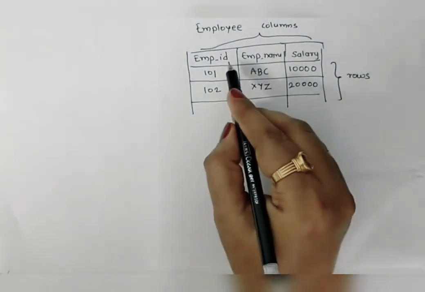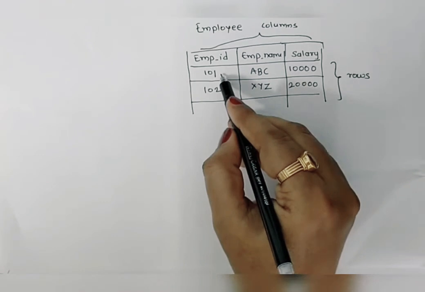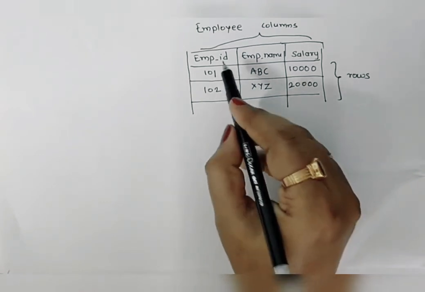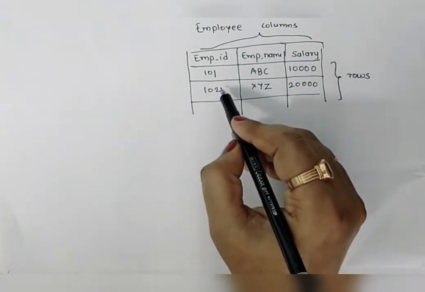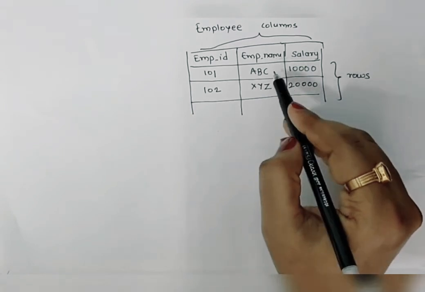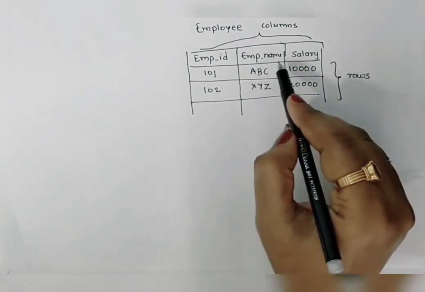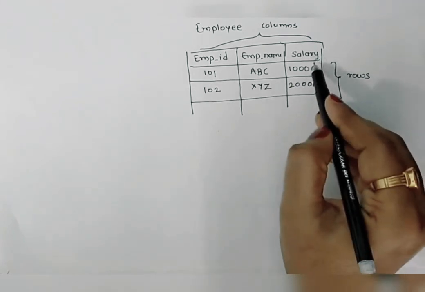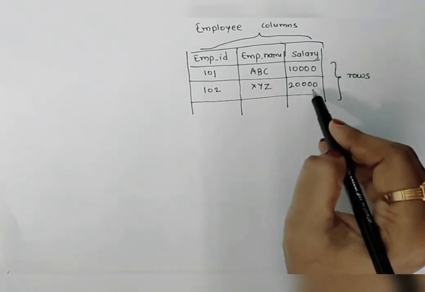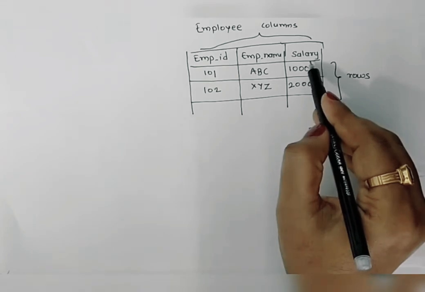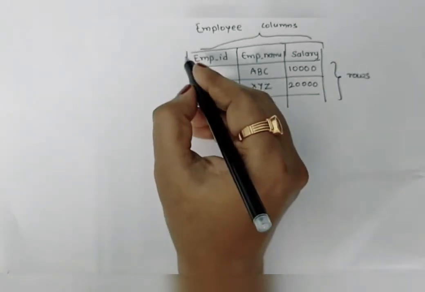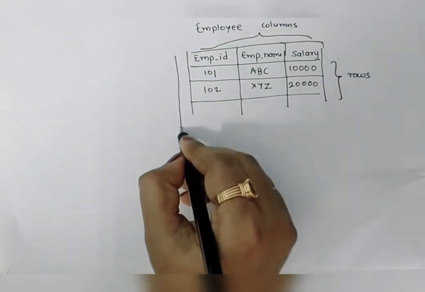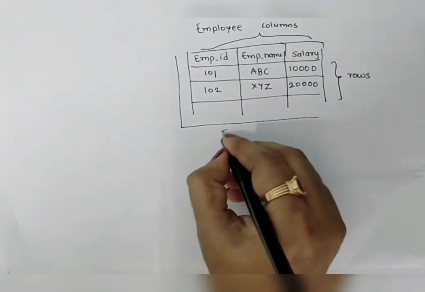So here for employee ID we are entering integer values. So data type of employee ID may be integer. And for employee name we are entering string. So data type of employee name is varchar. And for salary we are entering the values 10,000 and 20,000. So data type may be float. So this can be called as a schema.